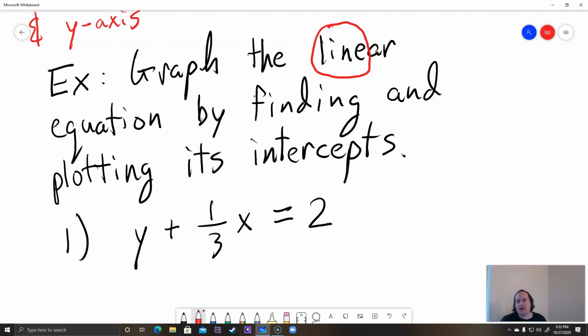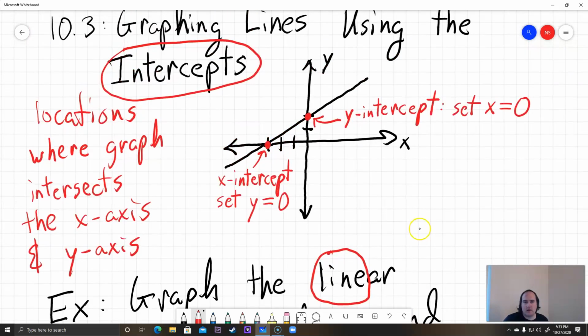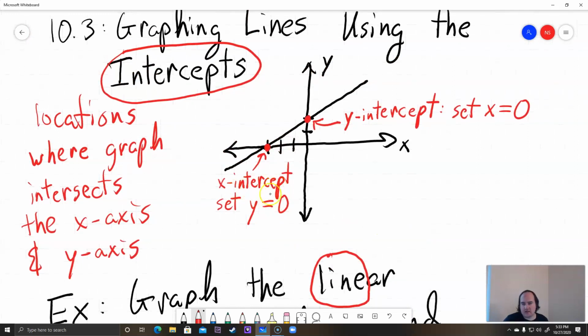And so we're going to be graphing lines by finding and plotting the intercepts. So the basic idea is to find the x-intercept, we'll set y equal to 0. And then to find the y-intercept, we'll set x equal to 0. And then once we have those 2 points, we're going to plot those and draw a line between them.